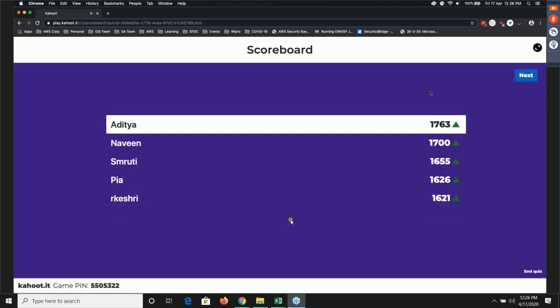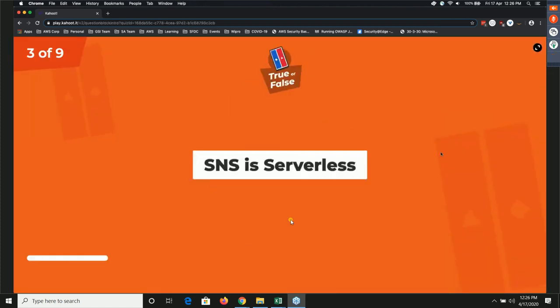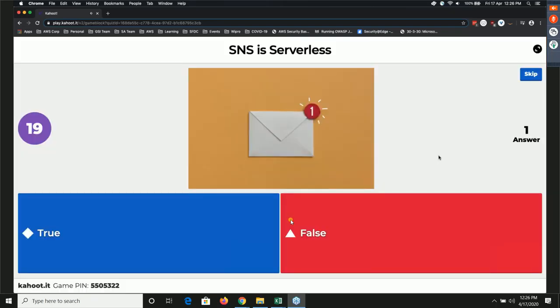Okay, just see. All right, a bit of a change on the leaderboard. Let's see how do we do in the next one. SNS is serverless. Is it true or is it false?